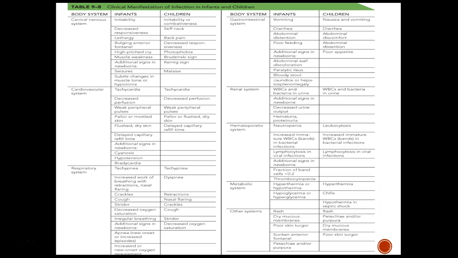And then eventually, if they run into septic shock, you're going to see them become hypothermic. Remember when we talked in IM6 about thermoregulation and infection for infants, we said that typically hyperthermia is not your first sign of infection in a newborn or a young infant. Typically what you're going to see first is hypothermia, and then it may progress to hyperthermia. And then also in infants, you may see hypoglycemia or possibly hyperglycemia, so one or the other.